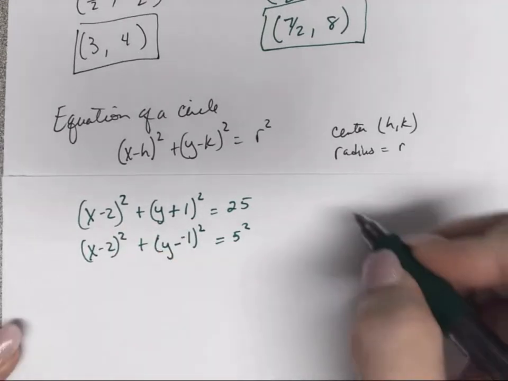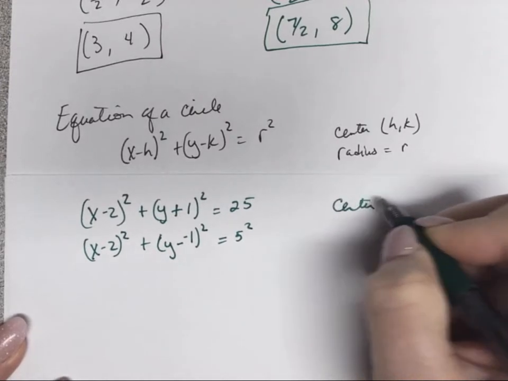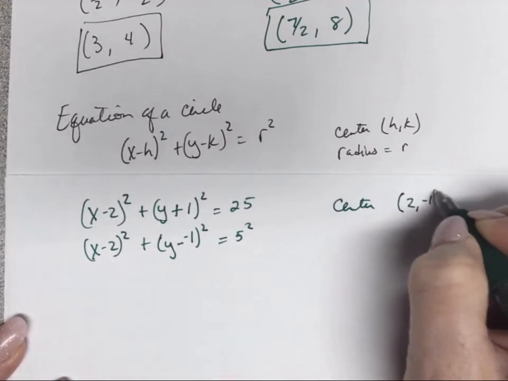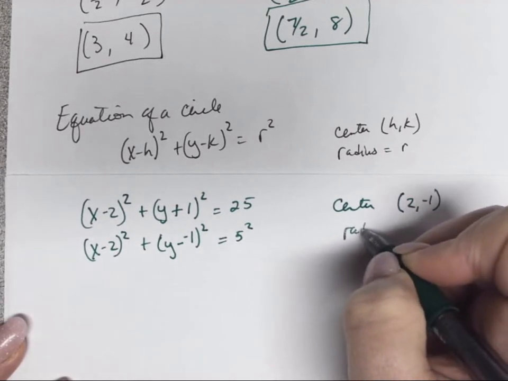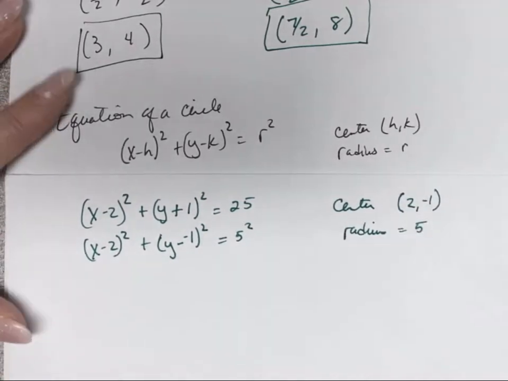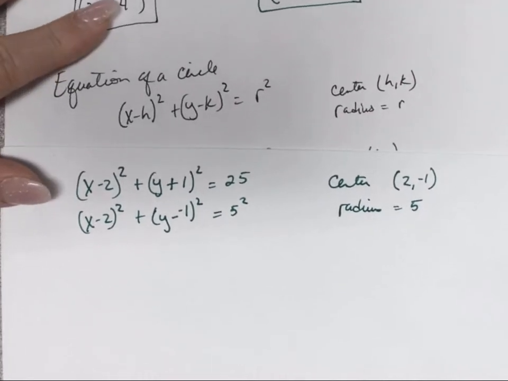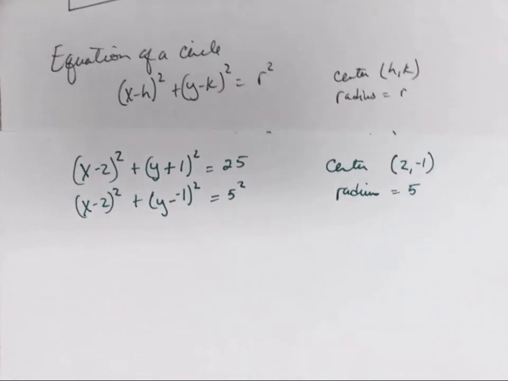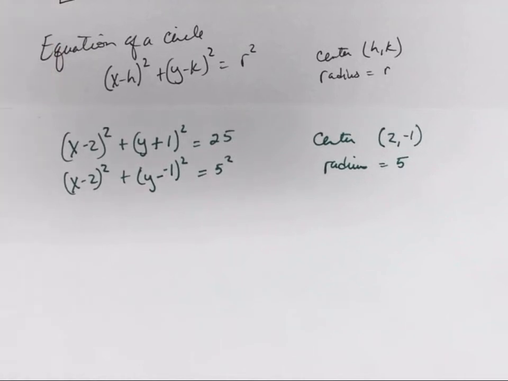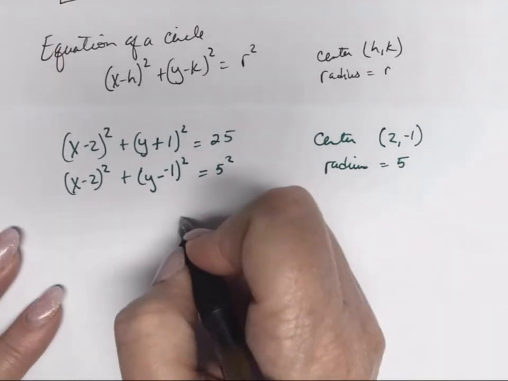So let's look again at what our center is. Our center is, again, h, k, so it'll be 2, negative 1. And our radius is equal to 5. Radii are not always equal to 5. They just happen to be in the examples. All right, so let's go draw a grid again.